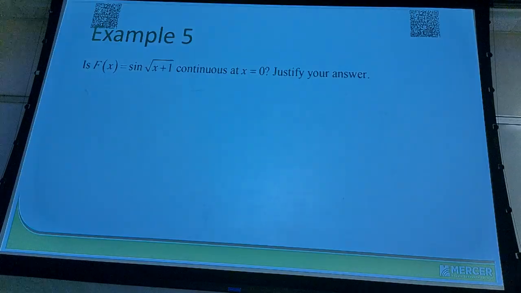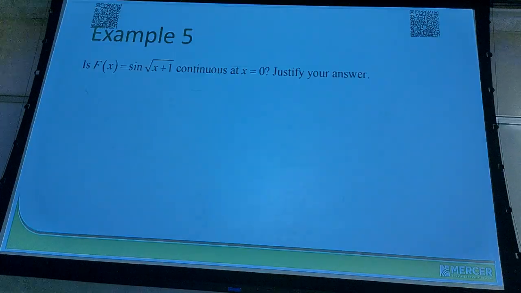Is sine of the square root of x plus 1 continuous at x equals 0? You need to justify your answer. The rule for sine: sine is continuous everywhere, right?